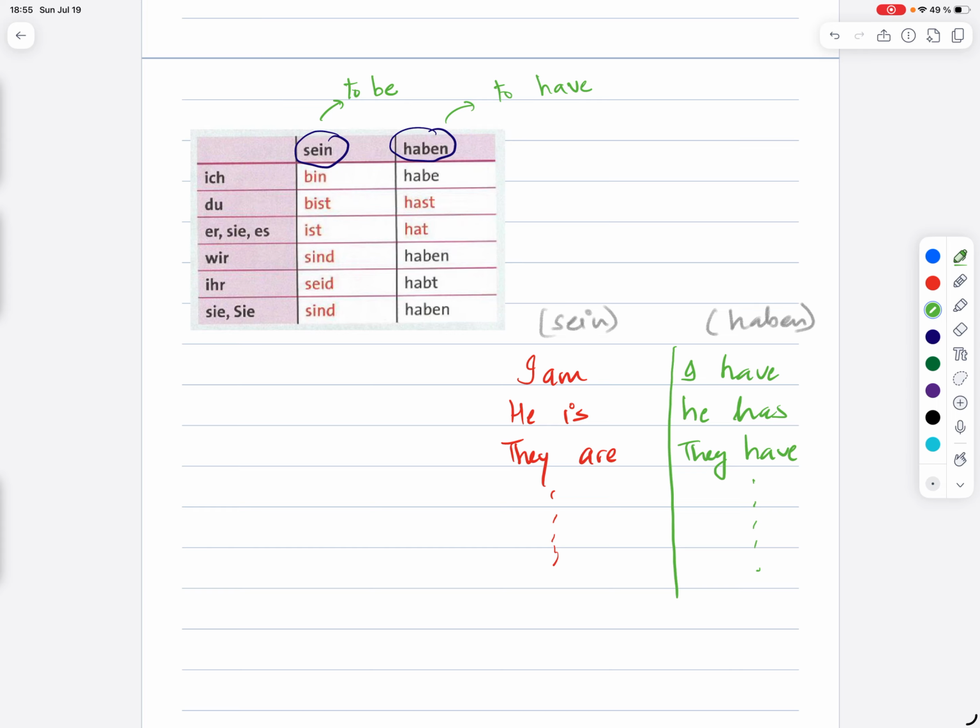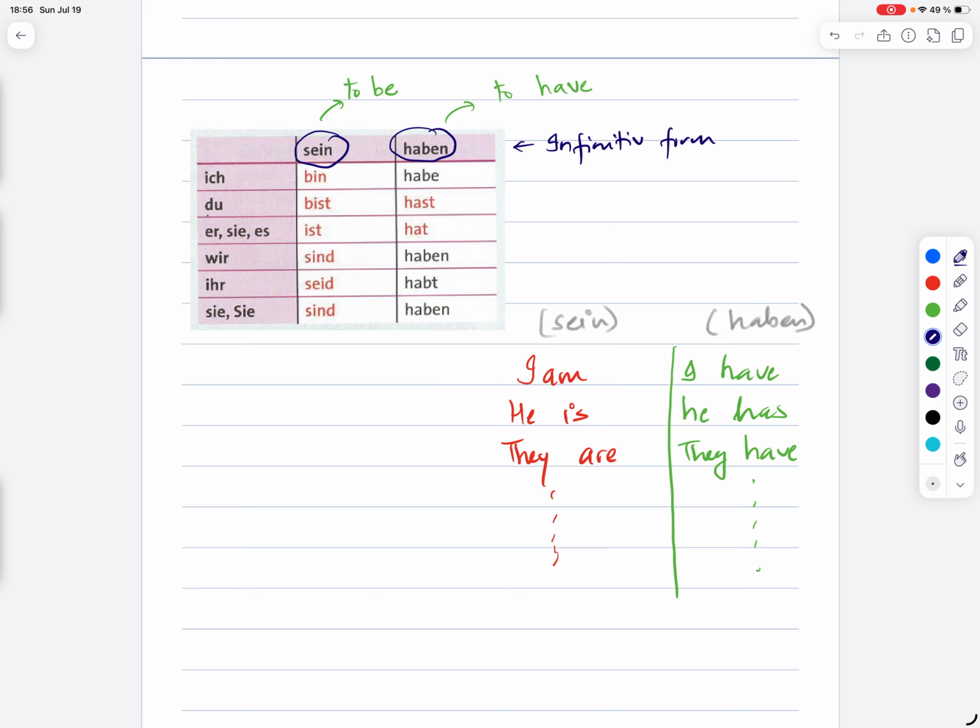So this is the English translation, and then we have the conjugation of these verbs. So sein and haben are in infinitive form here, and then you can conjugate them given different personal pronouns in nominative.